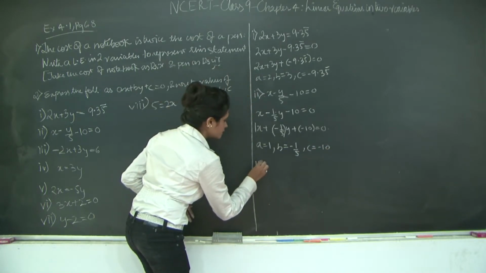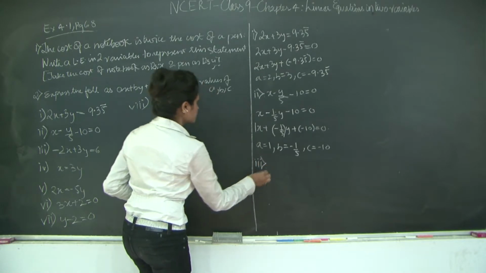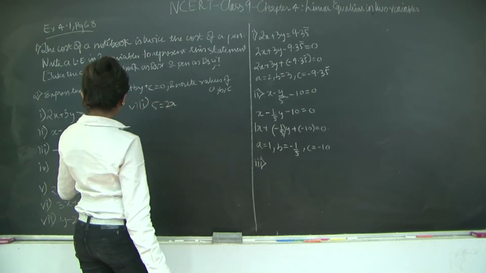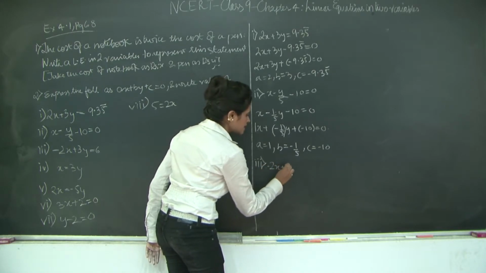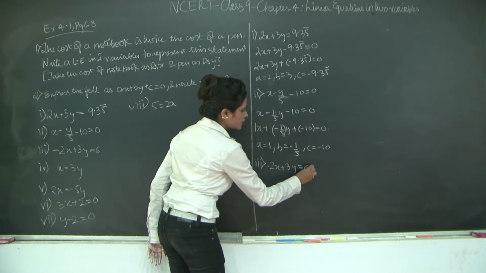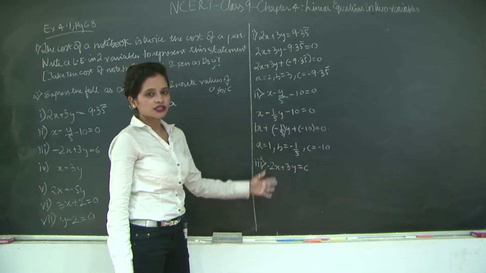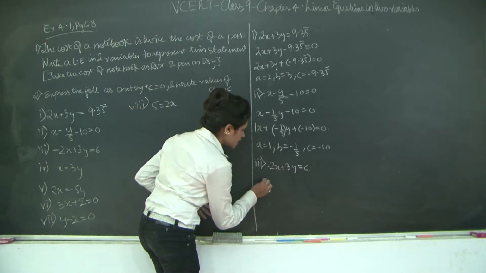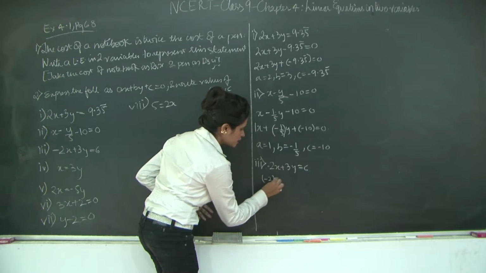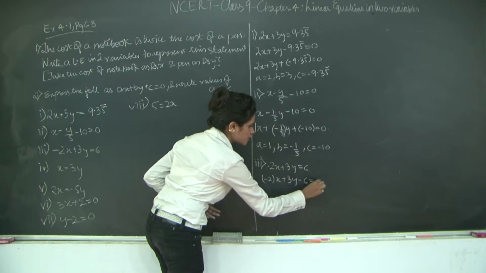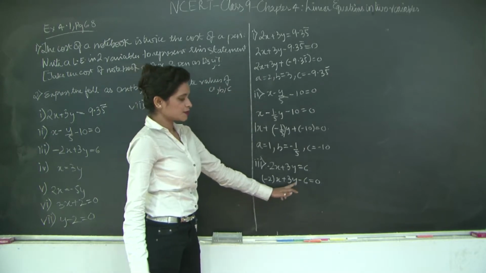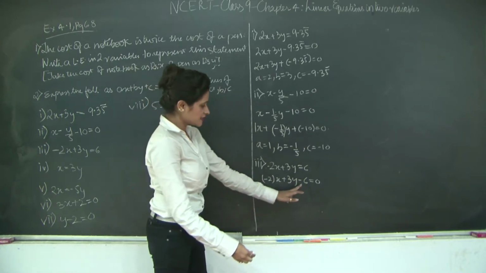The third one, you have minus 2x plus 3y is equal to 6. So the first thing I am going to do is shift my constant to the left hand side. So this becomes minus 2 into x plus 3y minus 6 is equal to 0. Therefore, you have ax plus by plus c. This is minus 6.